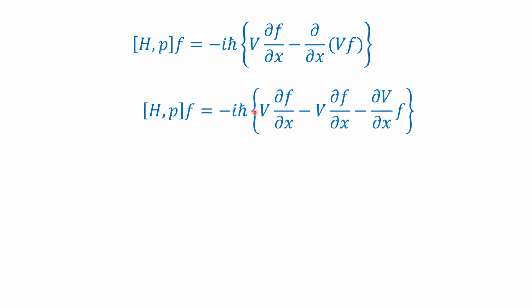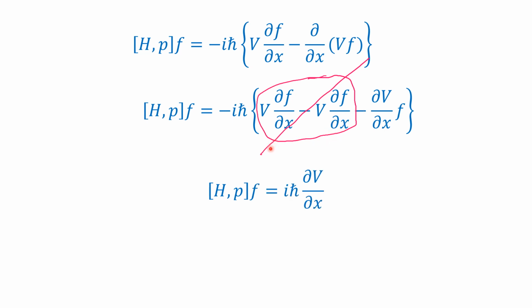Now you can see the first two terms are equal, so they get cancelled, and only the third term is left. So here you have minus i h cross, with the minus sign, which becomes plus i h cross, simply i h cross del V over del x times f. Which implies that the commutator of H with p is equal to i h cross del V over del x.